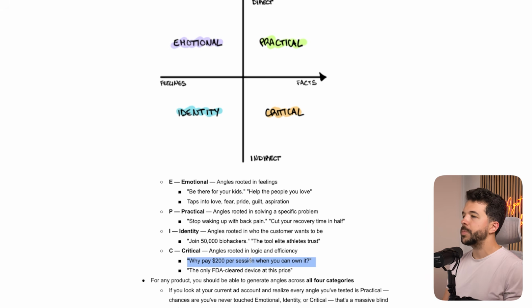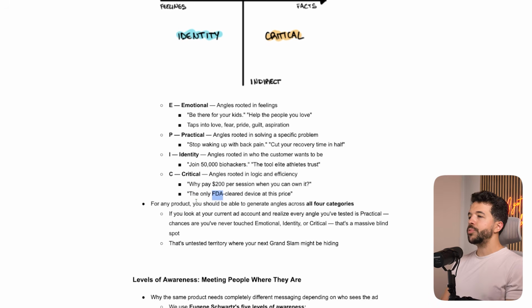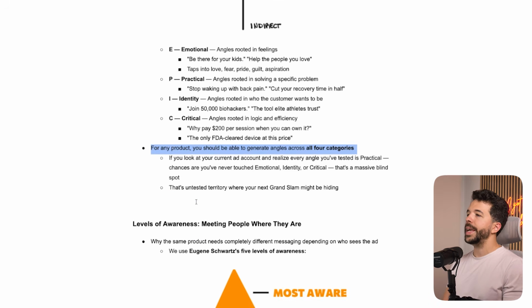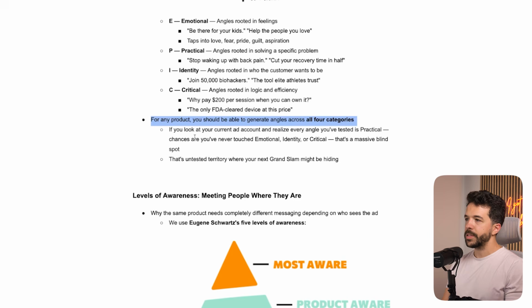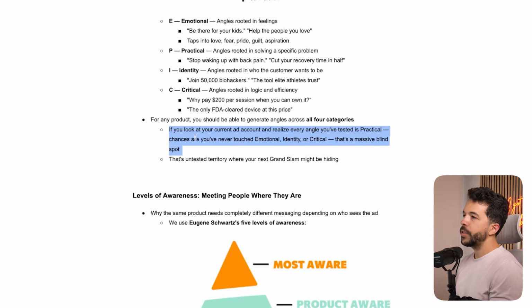Why pay $200 per session when you can own it? The only FDA cleared device at this price. For any product, you should be able to generate angles across all 4 categories. If you look at your current ad account and realize every angle you've tested is practical, chances are you've never touched emotional, identity, and critical.